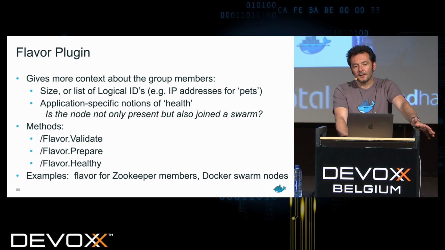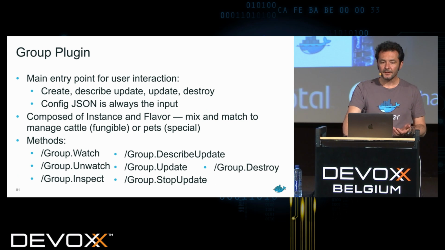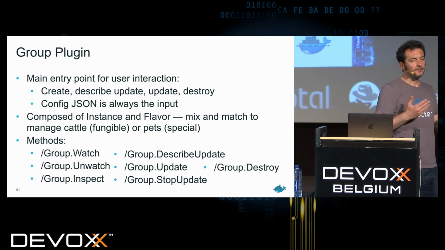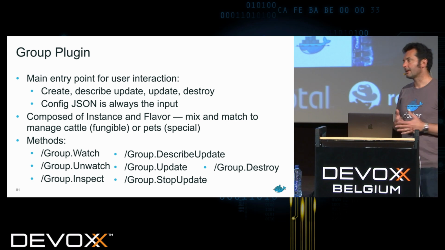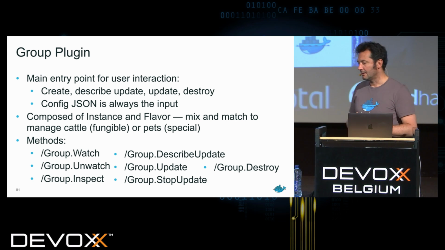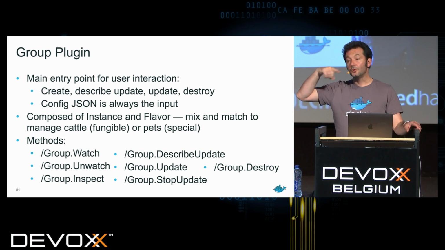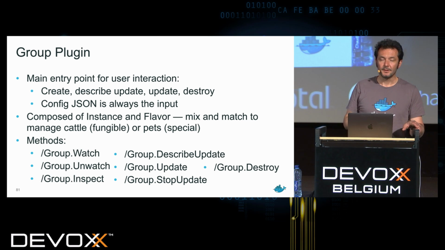Flavor plugins allow you to explain what you want to install on the instances, and group plugins provide the kind of things that you have with VM scale sets on Azure and auto-scaling groups on Amazon.